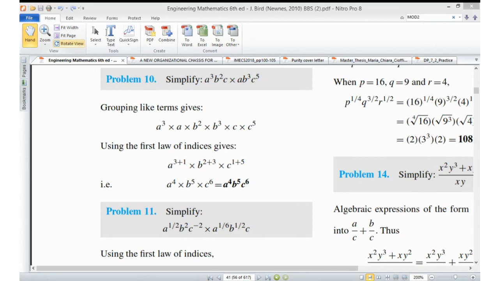Then problem 11, also a simplification process, just the same way. In fact, problem 11 and problem 10 almost look alike, just collecting like terms and then putting them together. The only difference is that in this one we are now handling a bit of fractions.